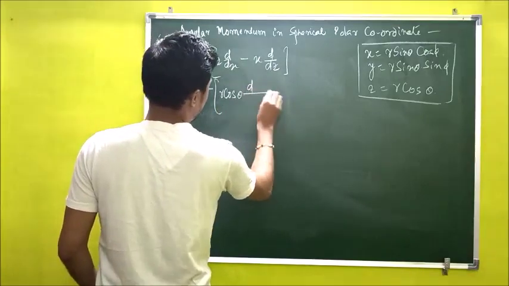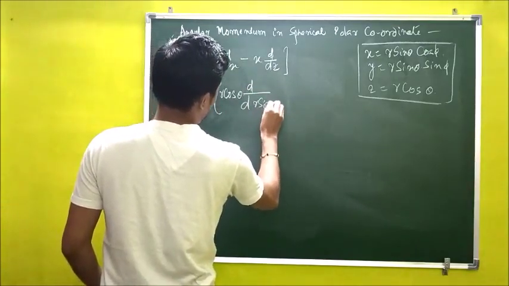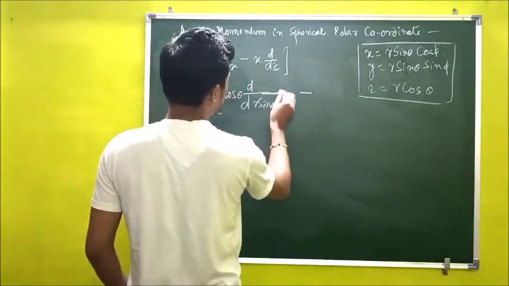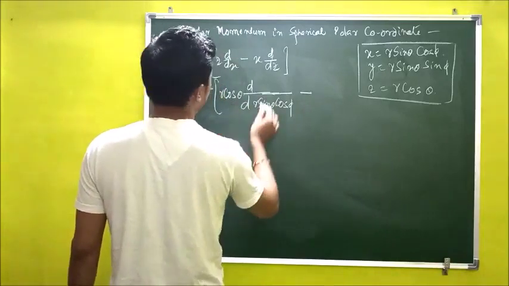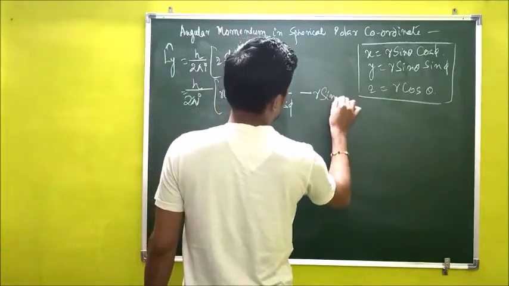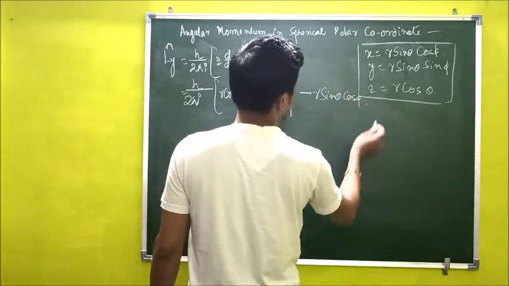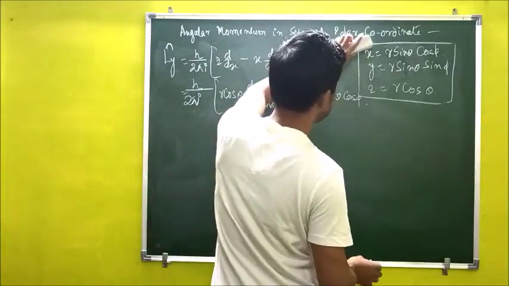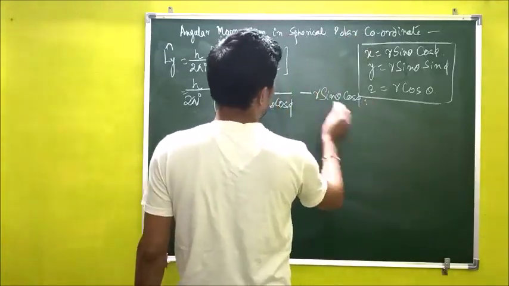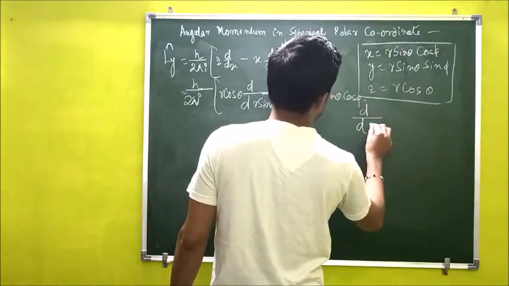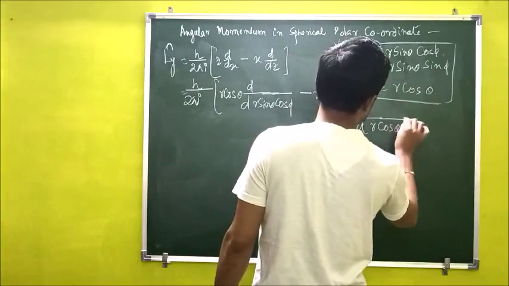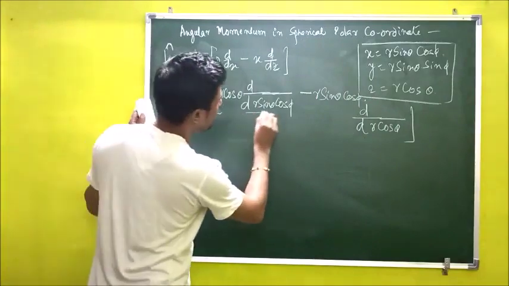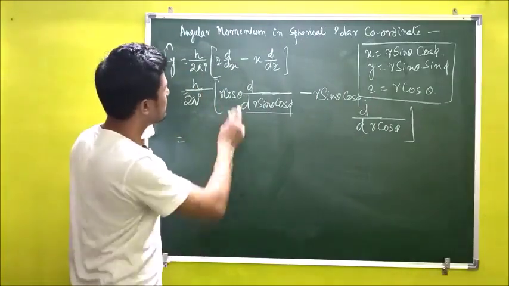In place of x we can write r of sin theta into cos of phi. So this is dx.